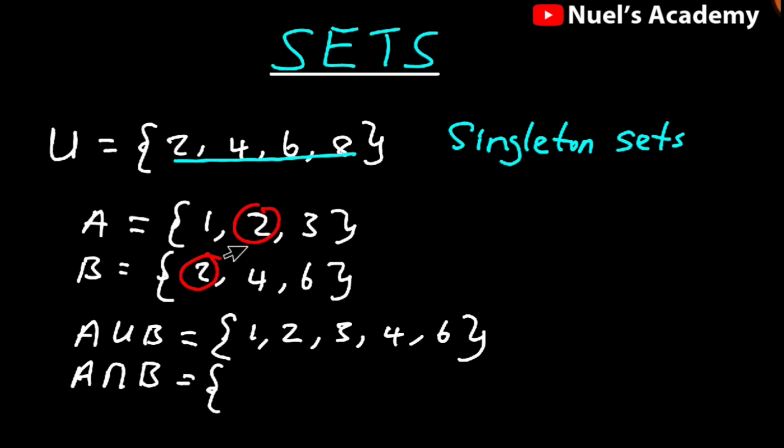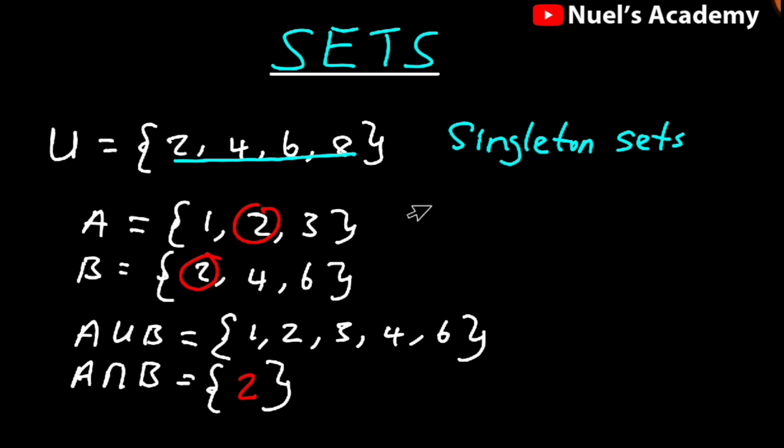For the fact that they both have a common element, that element is going to be the intersection. So A intersection B is going to be equal to 2. The difference between union and intersection is that union is the combination of the two sets without any repetition, whereas A intersection B is just choosing the elements that appeared in both sets. That's what intersection means.